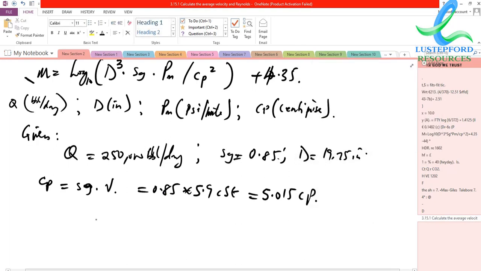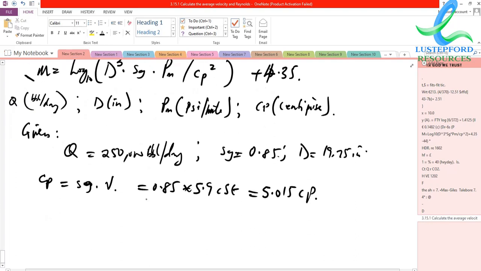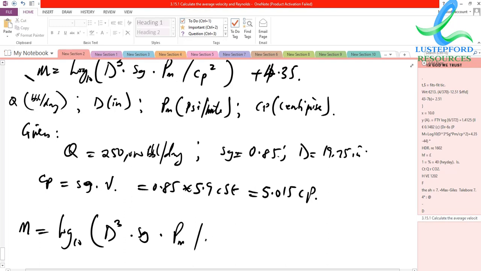So now we don't know the M. First of all, we look for M. So M is equal to log base 10 of D raised to power 3 times specific gravity times PM divided by CP square, all plus 4.35.